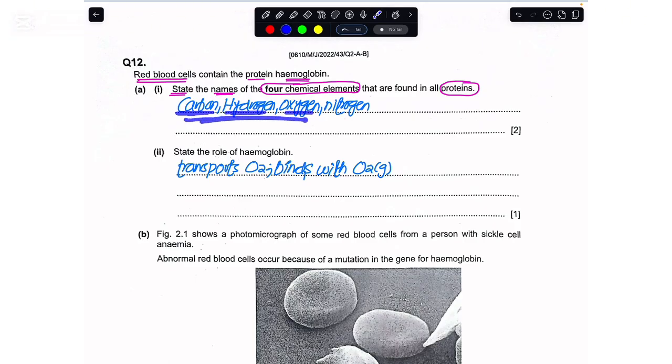And in addition to these three elements, they also have nitrogen in them. For another 1 mark, they ask you to state the role of hemoglobin. So you would say that the hemoglobin within the red blood cells transports oxygen gas, or you could say that it binds with oxygen gas.